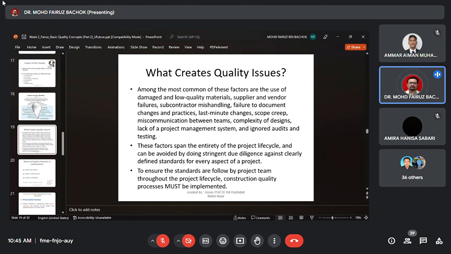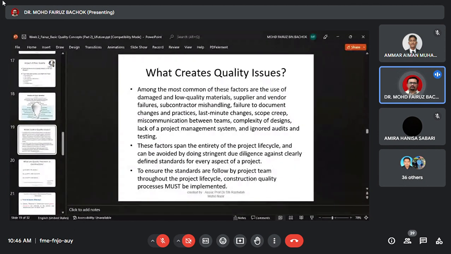Okay, these factors span the entire project life cycle and can be avoided by doing stringent due diligence against clearly defined standards for every aspect of the project. You need to be stringent. Stringent means diligent again. Okay, it means everything should meet the certification.